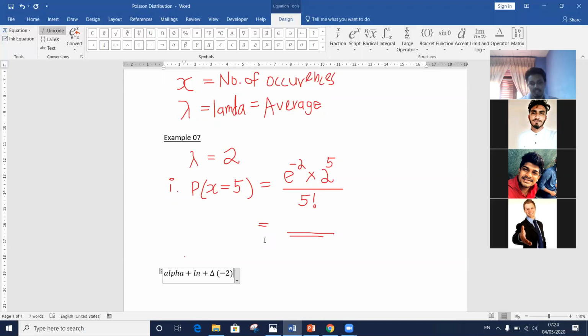Then multiplication, and then 2 to the power 5. 2, again that power button. 2 to the power 5. And then you need to divide it by 5 factorial.